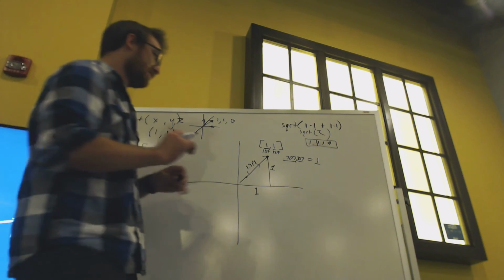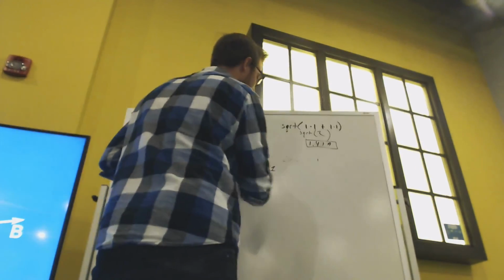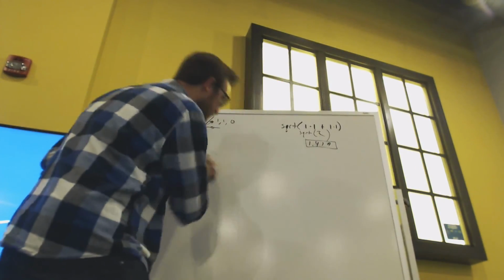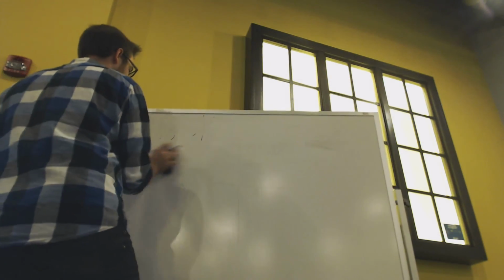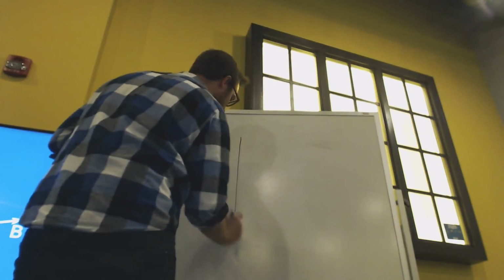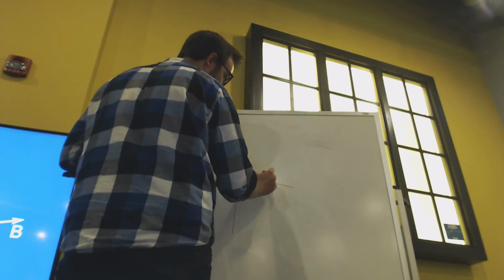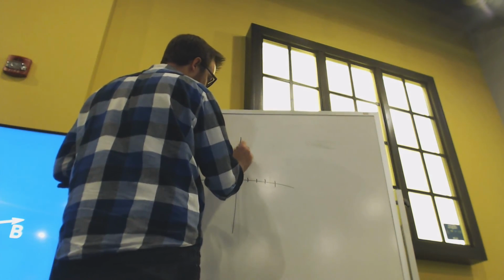So let me go over some, make it a little bit easier to grasp. Let's go back to this grid, and let's say we've got these numbers.